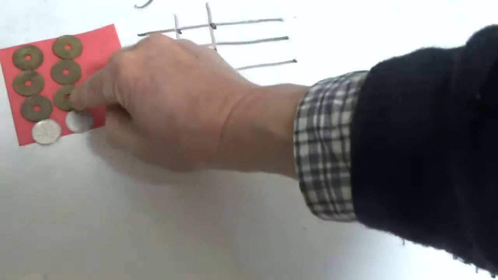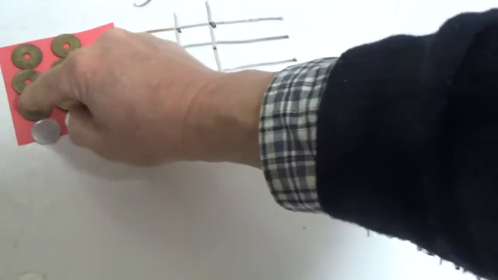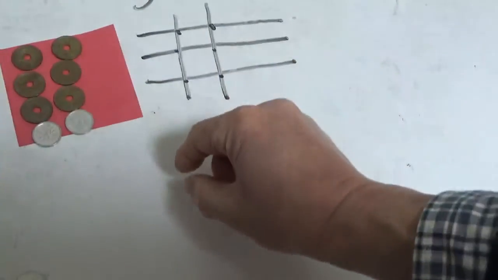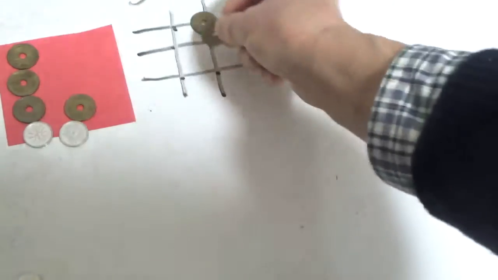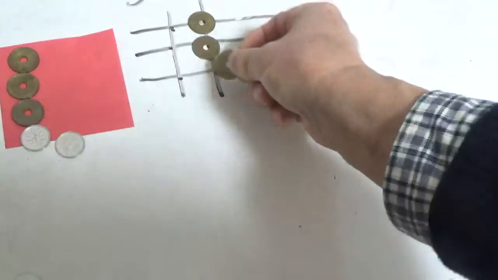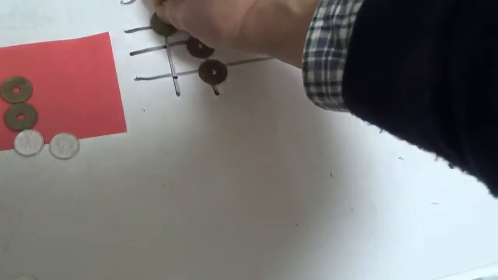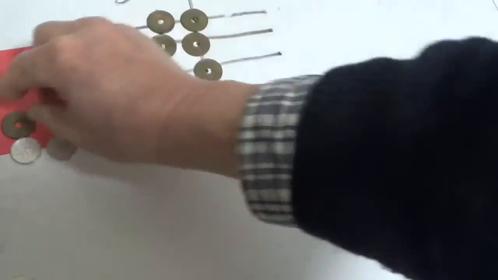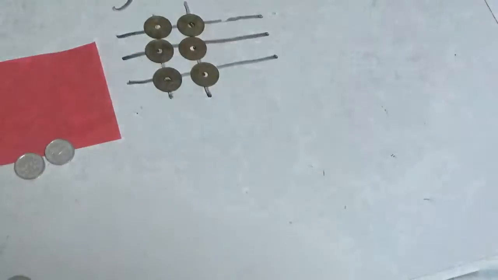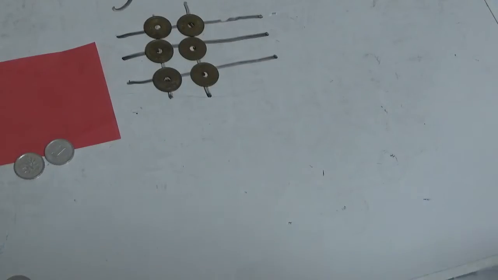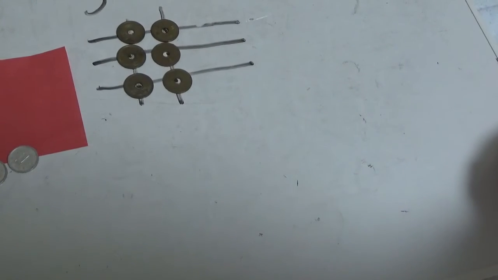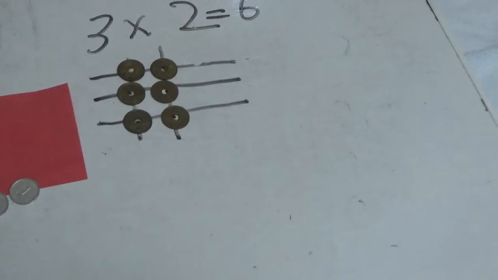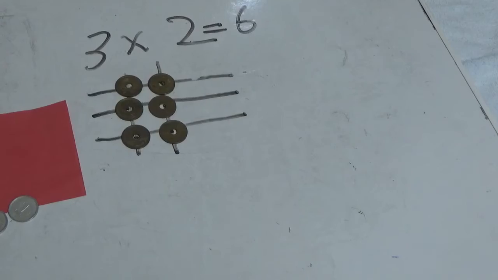Let's compare this 1, 2, 3, 4, 5, 6 with multiplication by coins. Okay, so it coincides.